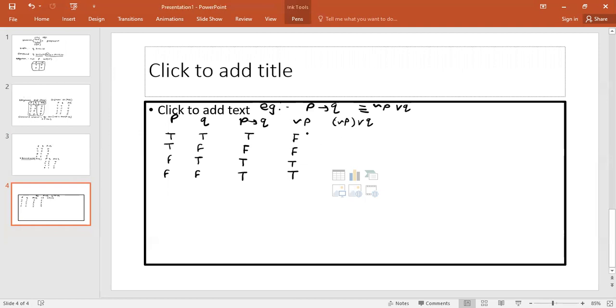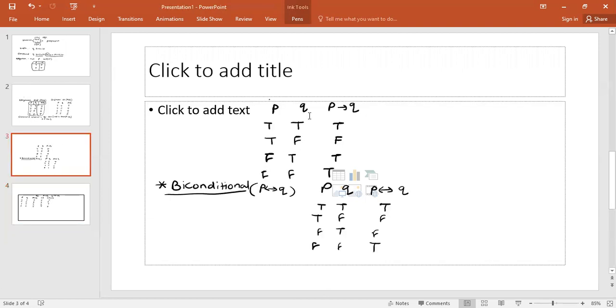So negation of P conjunction Q gives T, F, T, T. So here you can prepare the table.